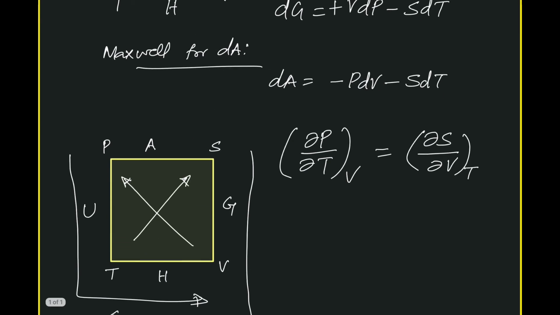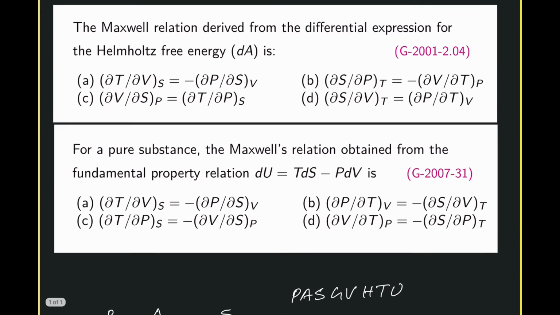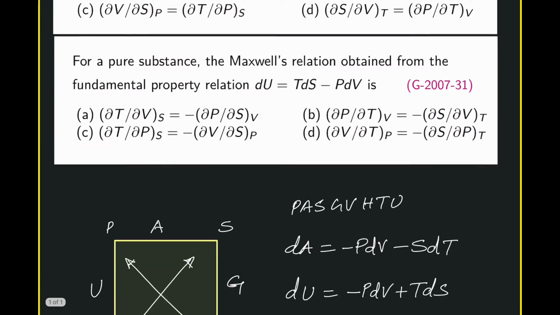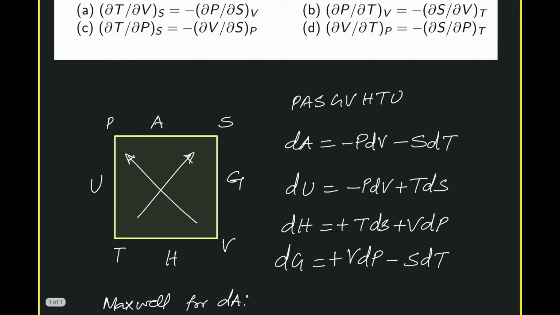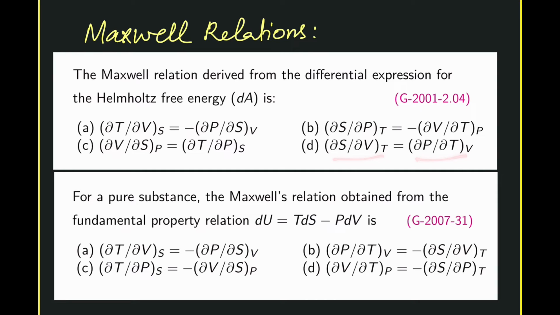For dA, we have dou P by dou T at V equals dou S by dou V at T. So this is matching with the expression D. So D is the correct answer for the first question.